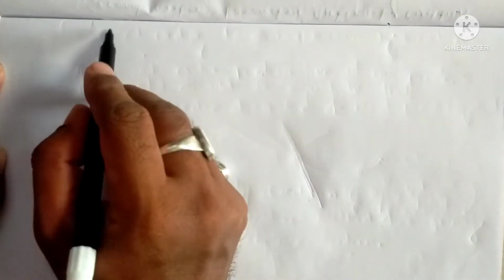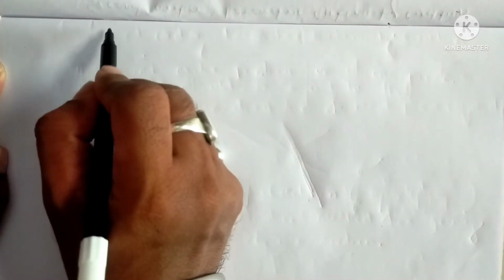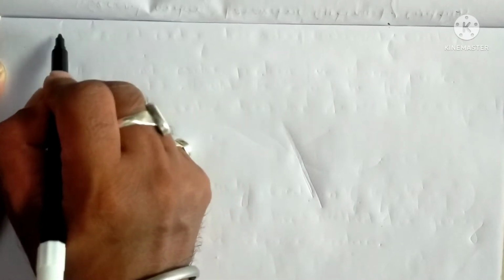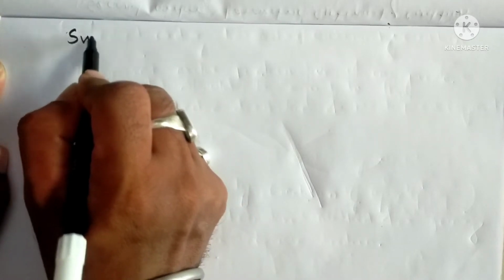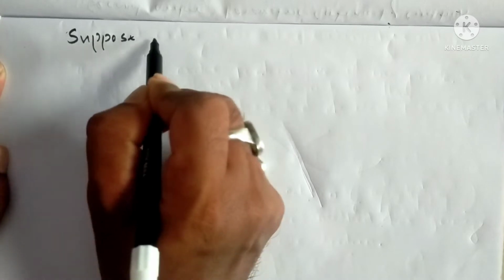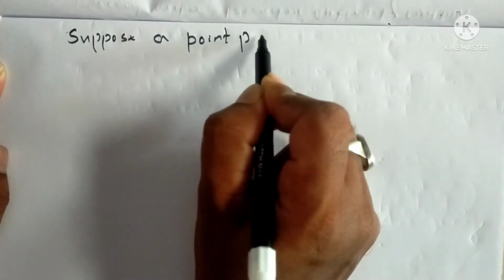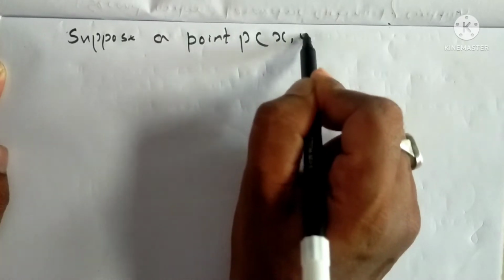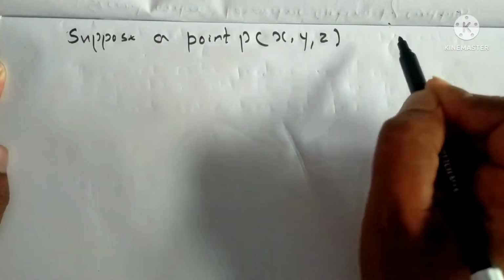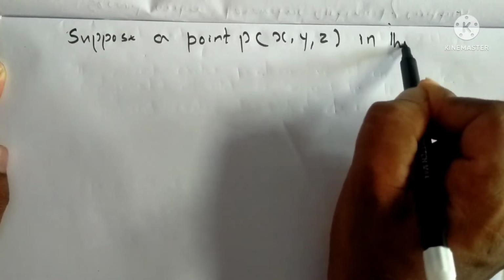Suppose we have a point P with coordinates x, y, z in the spline curve.